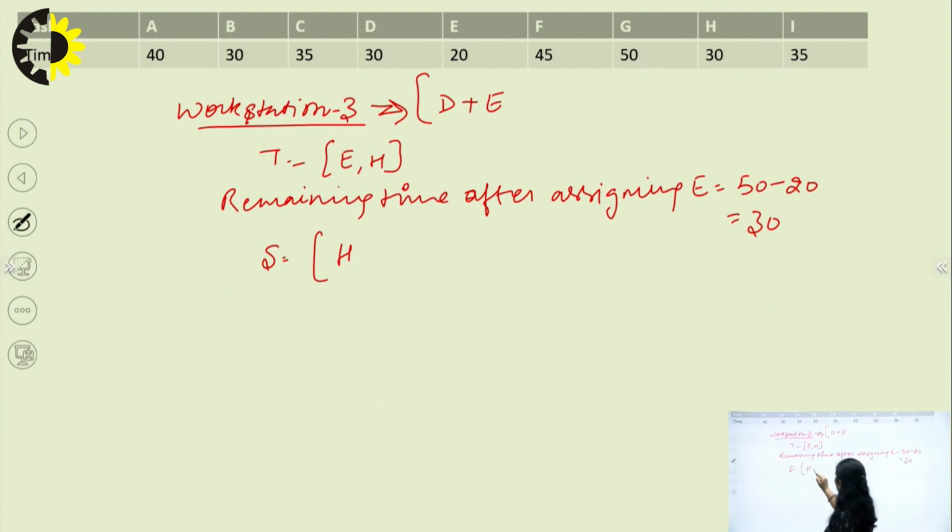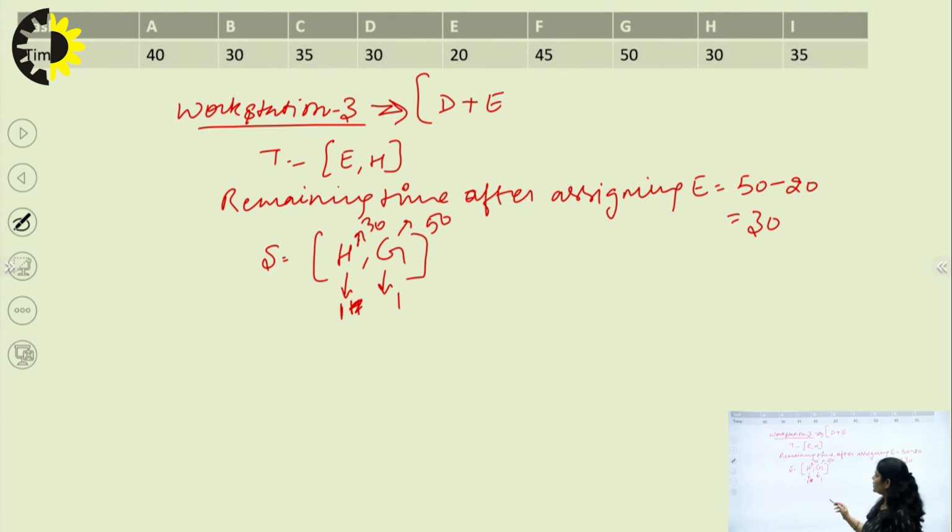Okay, H or G. Now, as per the largest number of following task rule, the number of tasks which was following H was 1, and the number of tasks which were following the G was also 1. The time taken by H is 30 and the time taken by G is 50.